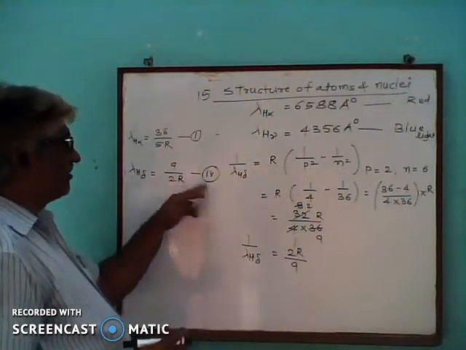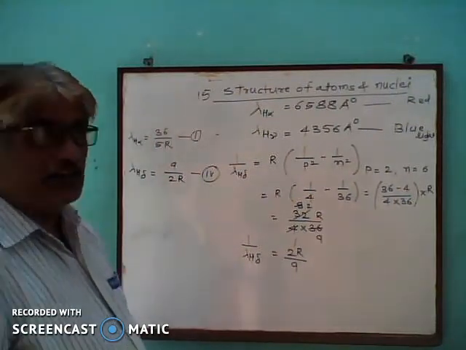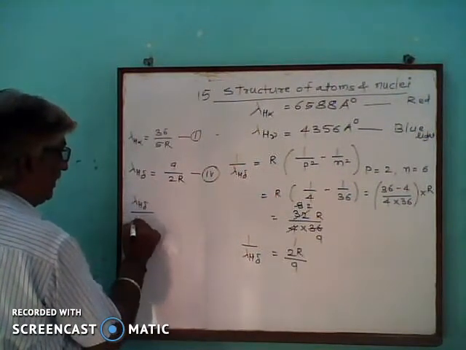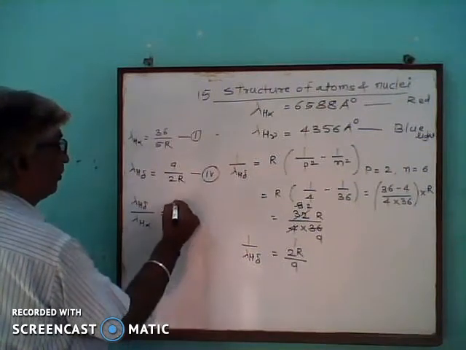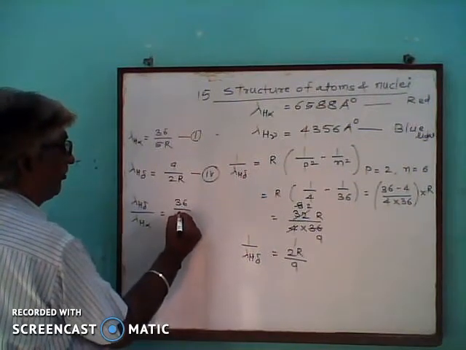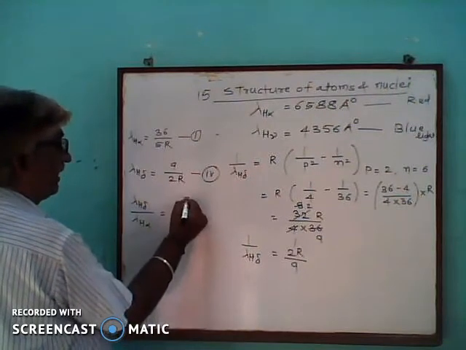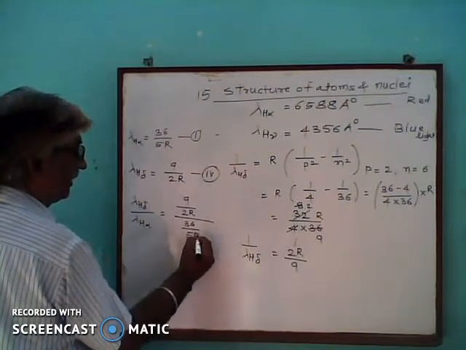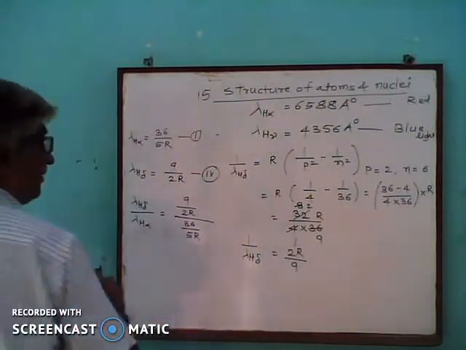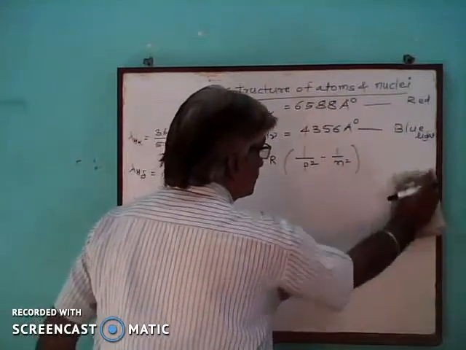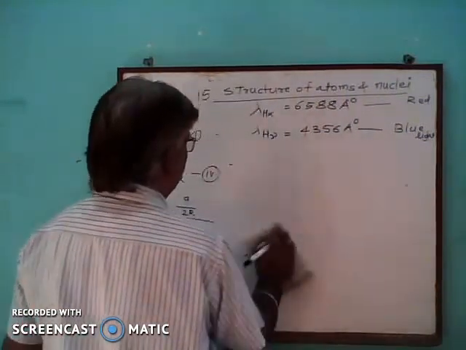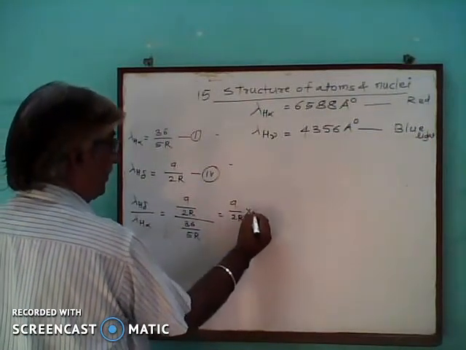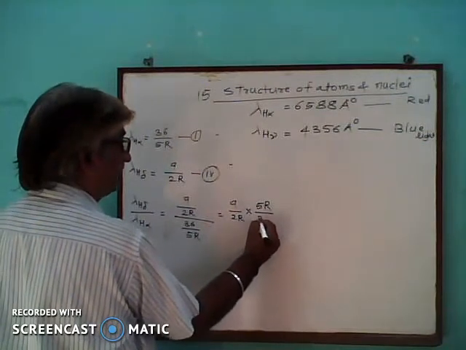If we divide equation 4 by equation 1, lambda H delta upon lambda H alpha is equal to 9 upon 2R upon 36 upon 5R, which is 9 upon 2R multiplied by 5R upon 36.